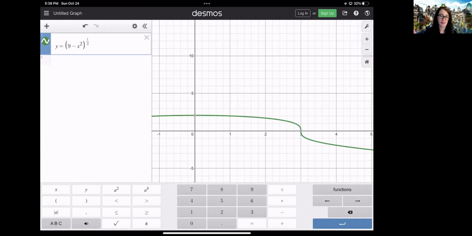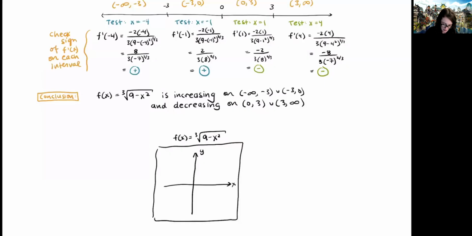Because if you don't do that, then the divided by 3 won't be considered to be in the parentheses. So just to be clear, you want to do 9 minus x to the second, and then to the parentheses 1 divided by 3, if you're putting that into a TI-83, I guess.